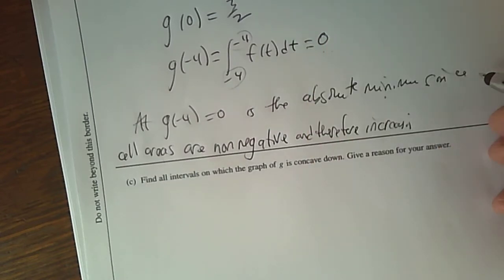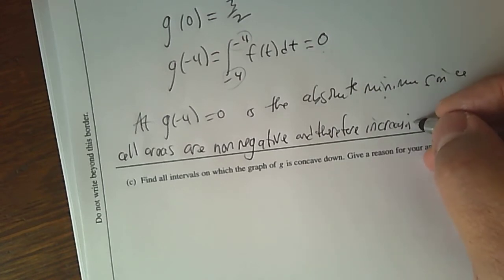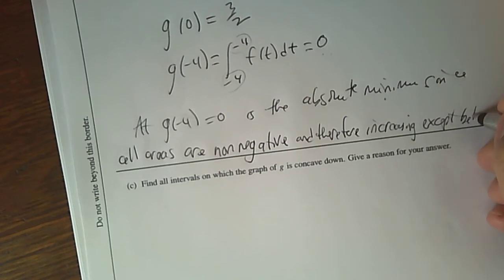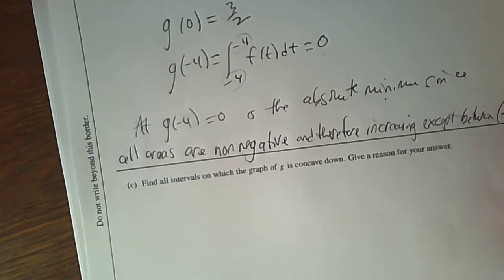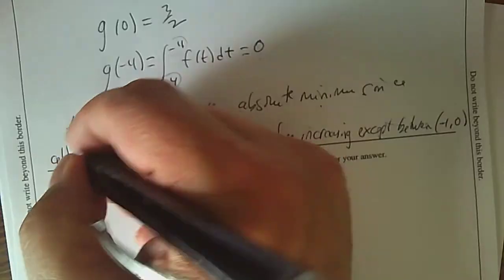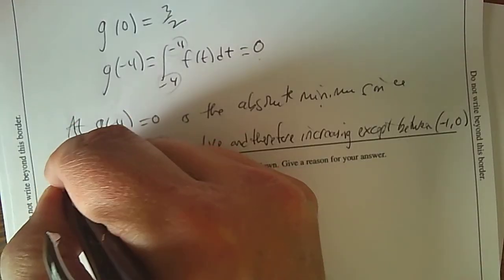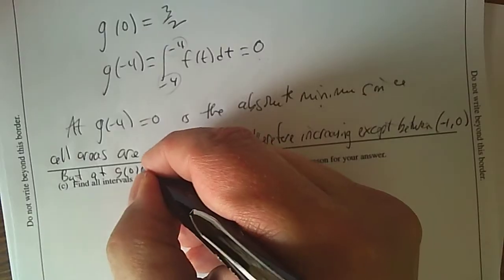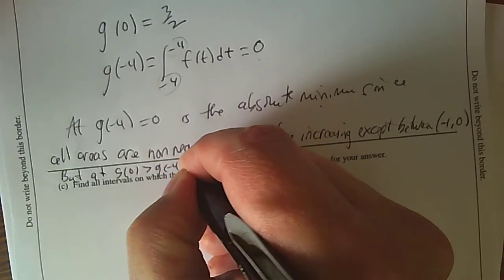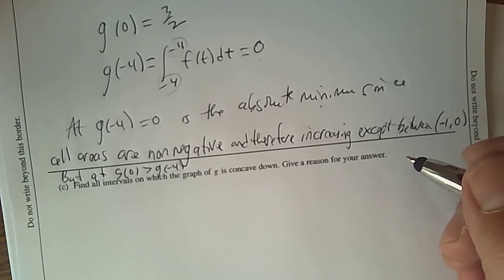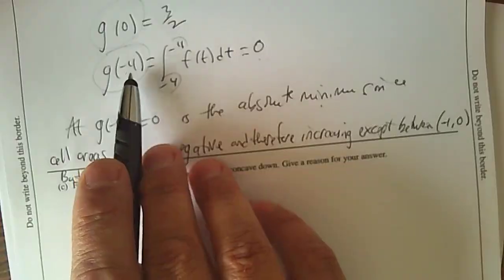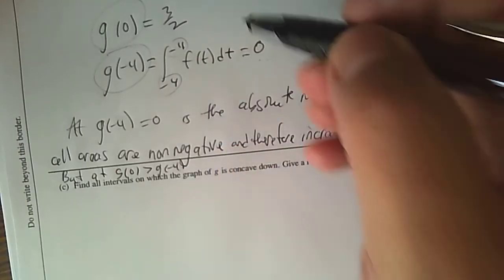So I'm going to say the absolute minimum is there since all areas are non-negative and therefore increasing, except between -1 and 0. Then you can write down, but g at 0 is greater than g at -4, so that you have shown that you've tried the two possibilities in that you are satisfied that the lowest value for g is 0.